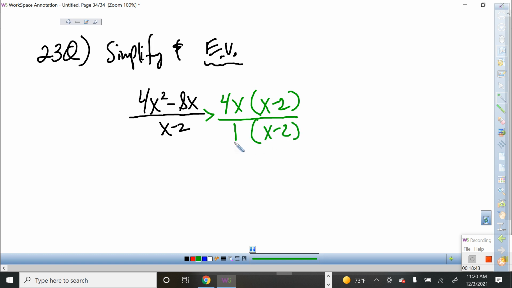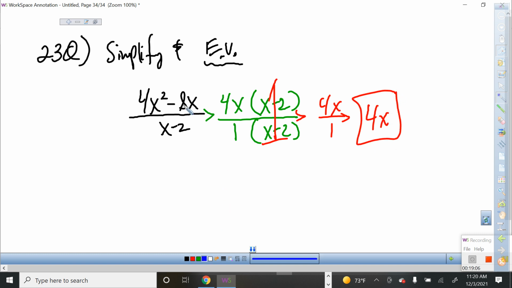The reason I want to use that 1 as a factor is to show you guys the giant 1. Do you guys see the giant 1 now? Yeah? So if you don't see it, here it is. So that leaves us with 4x over 1, which is 4x. Am I done?